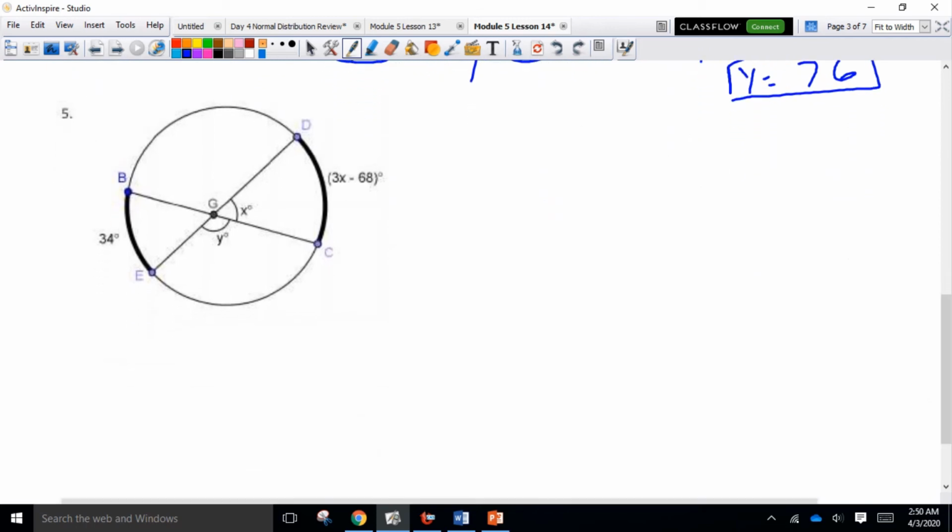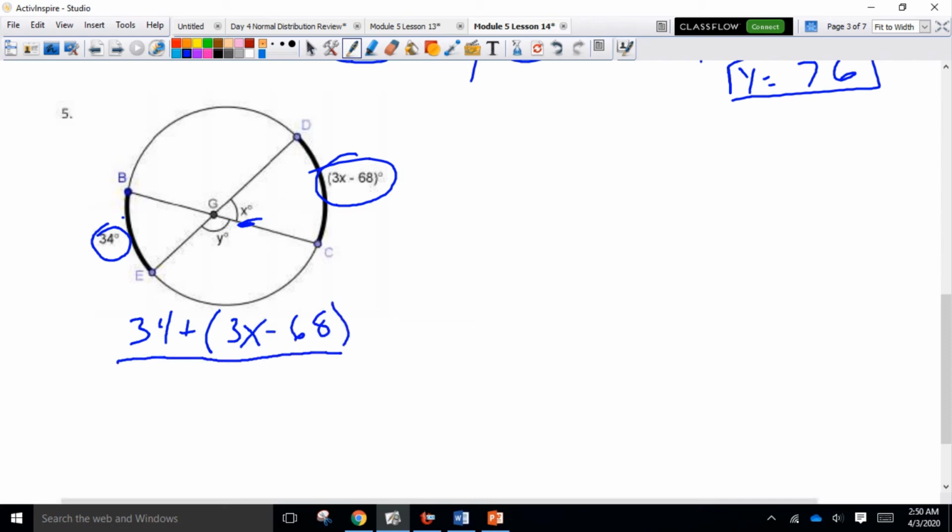Okay. Next one, we got x and y again. So these two arcs, add them together, divide by 2, we get x. So 34 plus 3x minus 68 divided by 2 would equal x. Okay, so let's simplify this. Multiply both sides by 2 and simplify this numerator.